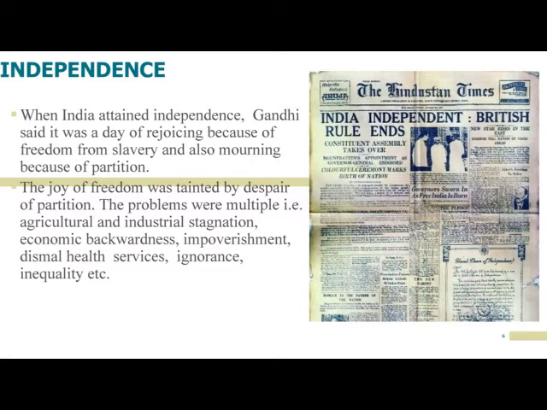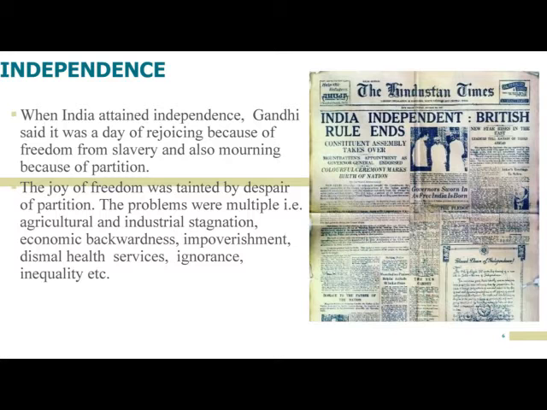After getting independence, political leaders had ideas in their minds to build their own political system by removing all the problems existing in the fields of agriculture, industry, and the economy, and removing inequalities existing in India.